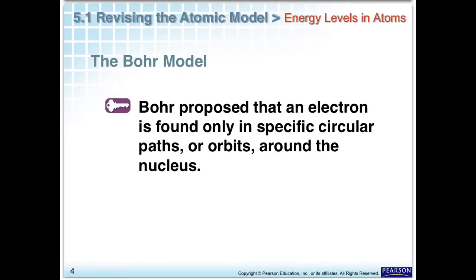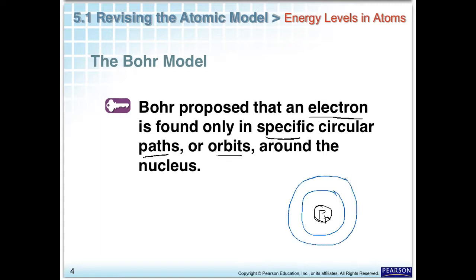The key part to Bohr's model is that electrons were only found in specific paths or orbits around the nucleus. So here you had the nucleus with protons and neutrons, and then Bohr said that there were paths or orbits around the nucleus where you would find the different electrons. And this is what we would call the Bohr model.